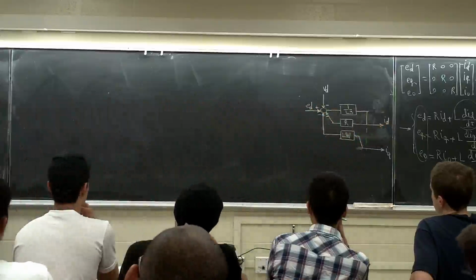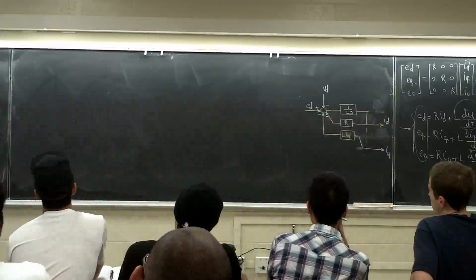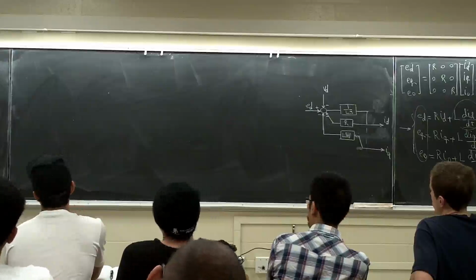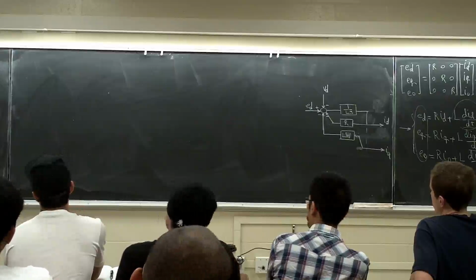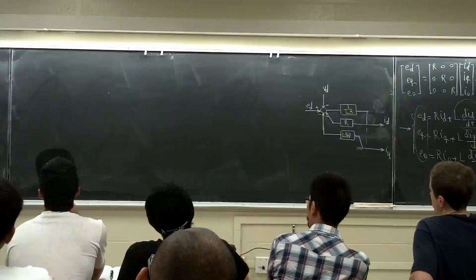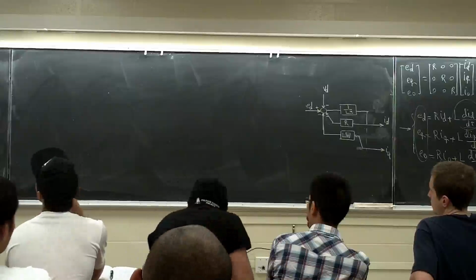The one I put over there is based on L being here. L dID over dt is minus R ID minus omega L IQ plus ED minus VD. If you times this one by L, it is over there.